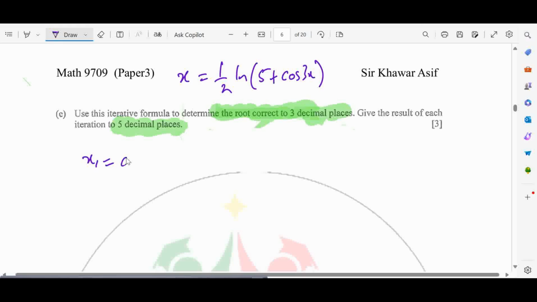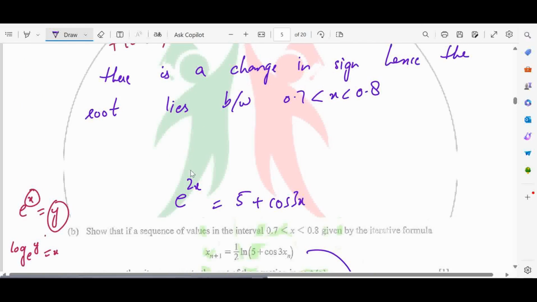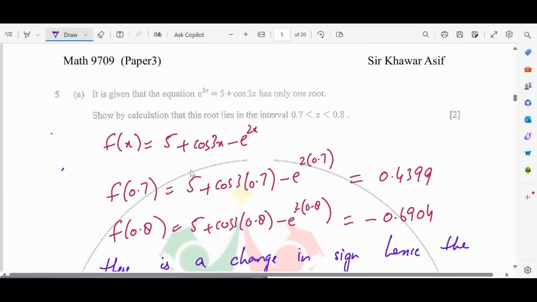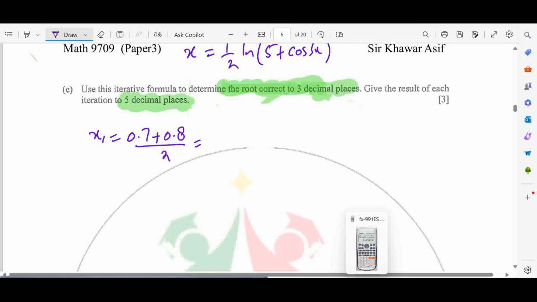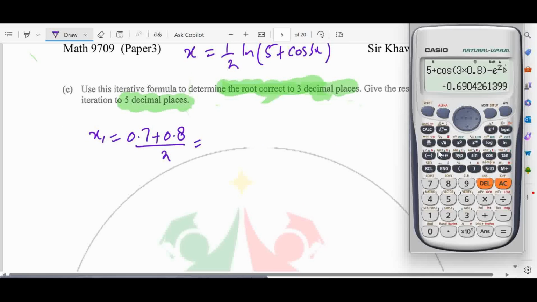So x1 will be equal to 0.7 plus 0.8 divided by 2. Let me reconfirm the value from the first part. Yes, 0.7 plus 0.8 divided by 2, this will be 0.75.